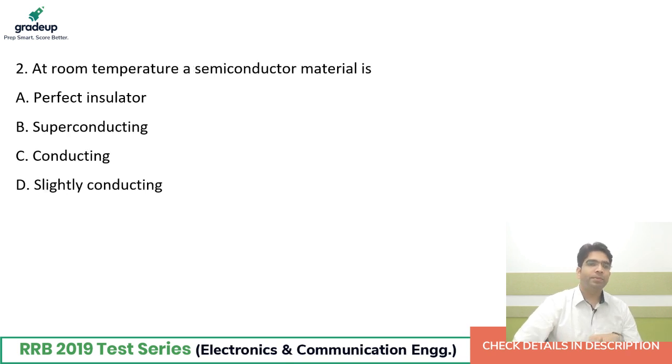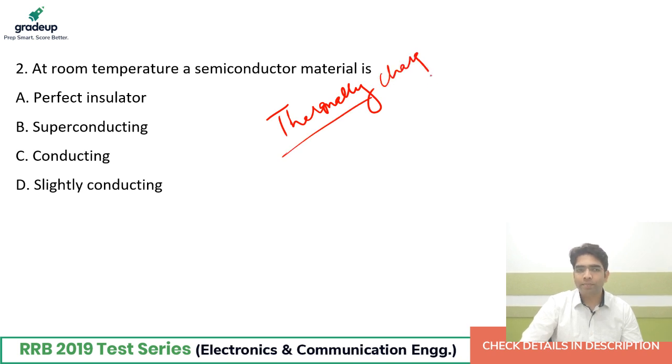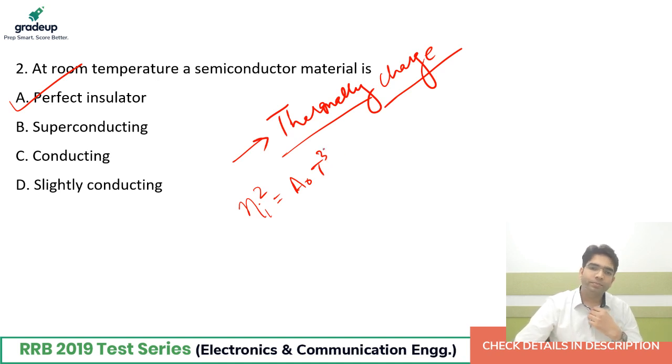Okay. Next, at room temperature, a semiconductor material is, yes, at room temperature there are no thermally generated charge carriers, so it will behave as a perfect insulator. Ni square equals A naught T cube e raised to the power minus Eg naught by kT.